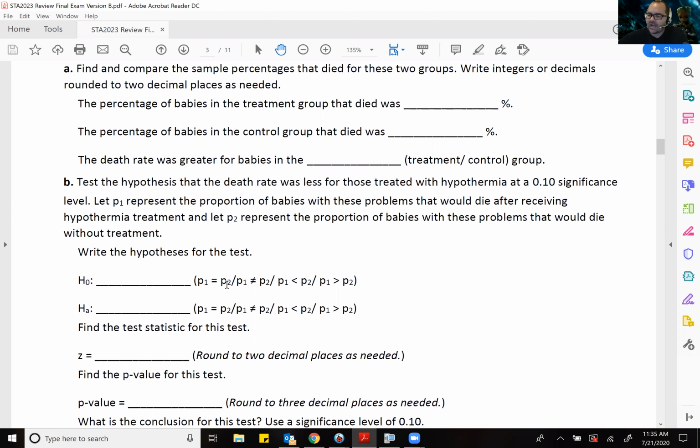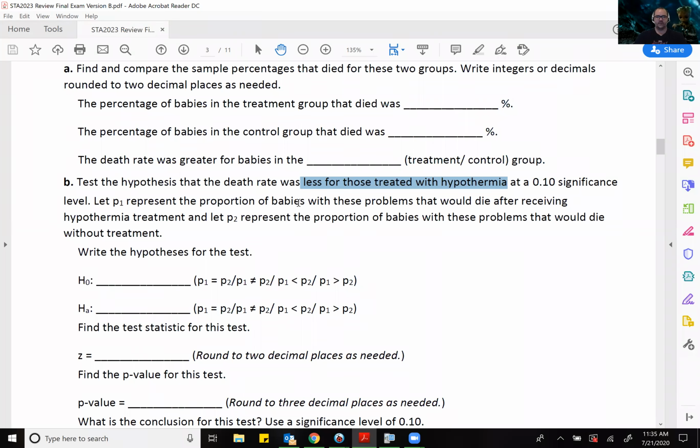For the HA, we want to show that the death rate is less for those treated. Okay? So that means that our P1 group is less than the P2 group.